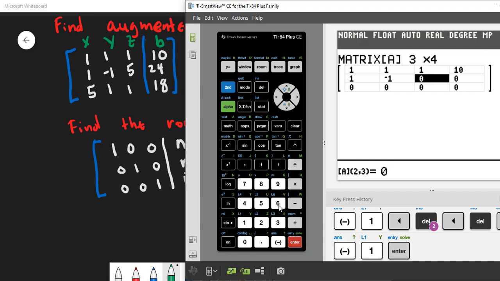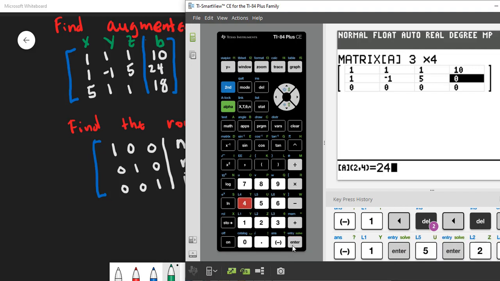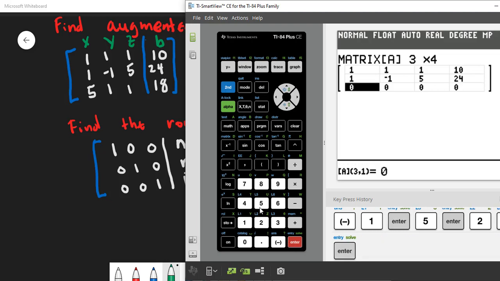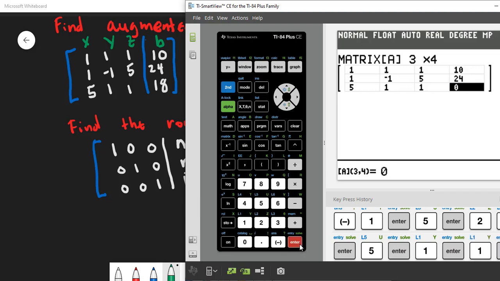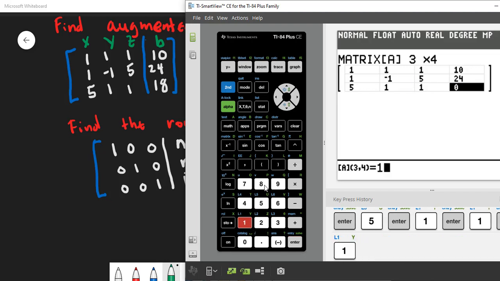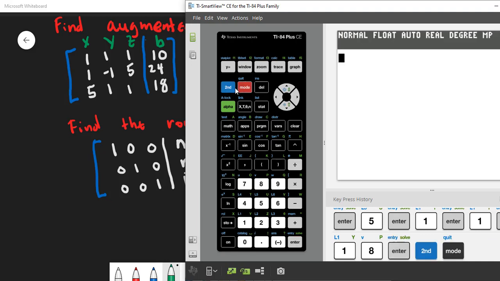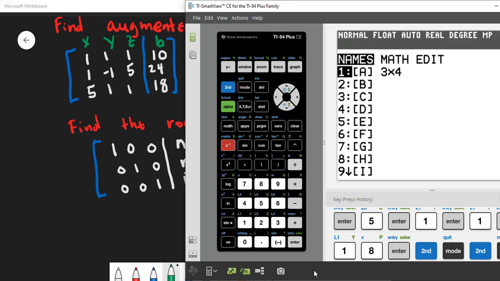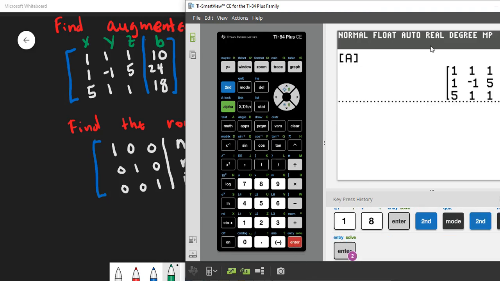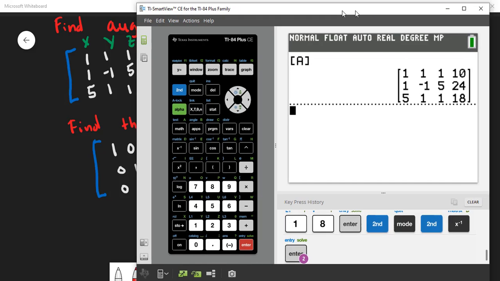Okay, so we just got to be careful in how we enter this in. Okay, so let's go to second, quit. Now if you want to display the matrix, you can always call it back.